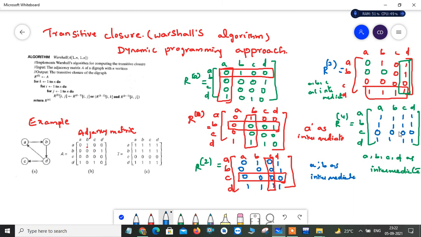No. So this is your final matrix, and this is your transitive closure. In this way we can find the transitive closure of a given directed graph by using Warshall's algorithm, an approach of dynamic programming. Okay. Thank you.